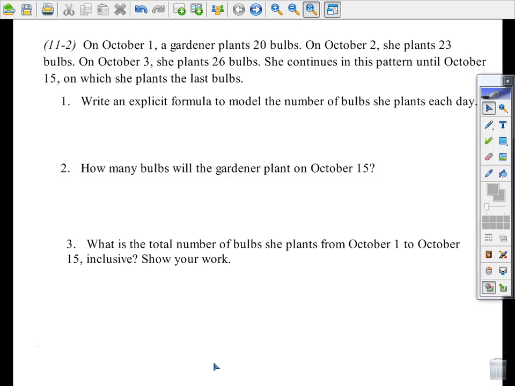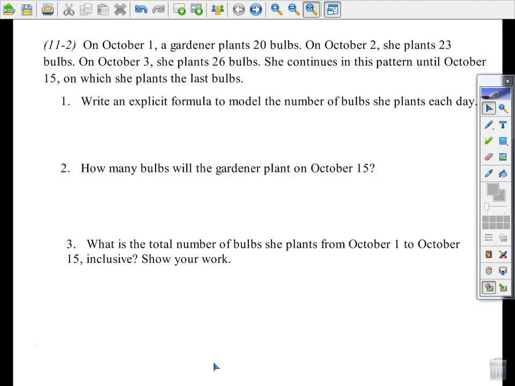So let's take these first three problems that are related to this gardener planting bulbs. Initially on October 1st, 20 bulbs are planted, and then, as you can see if you read the problem, she's planting basically 3 bulbs every day.